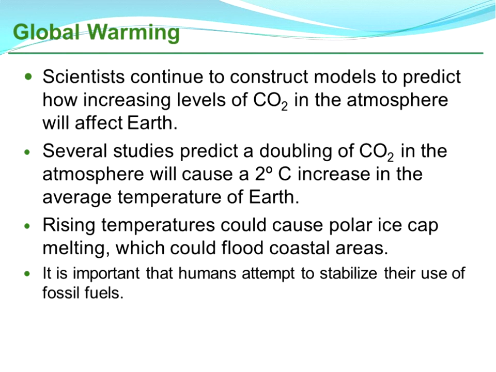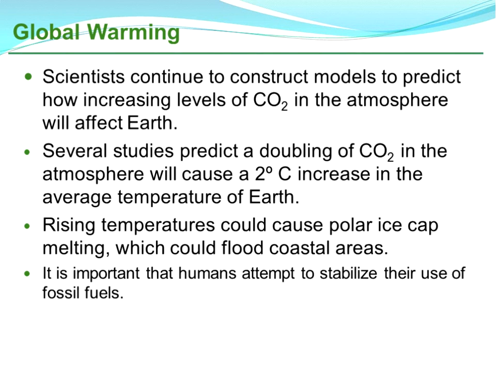All right. So global warming is unfortunately happening because of this increased carbon dioxide, which is showing increases in temperature. Scientists are continuing to make models to try to predict how these levels will affect our Earth. Several studies predict that the doubling of CO2 in the atmosphere will cause a 2°C increase in the average temperature of Earth.